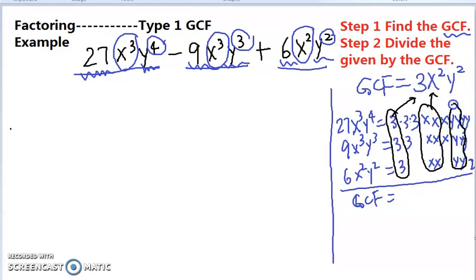and y squared. As you can see, although the first two both have an extra x, 6x squared y squared does not have another x. So GCF is something that all three of them should have. And they do have these 3 x's and these 3 x's, but only the first two have an extra x.